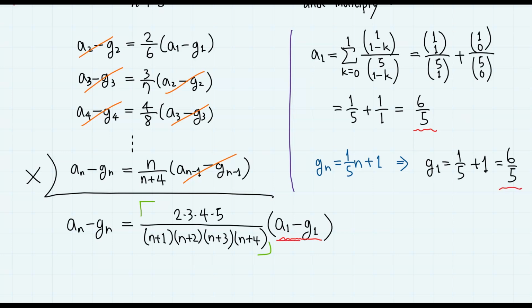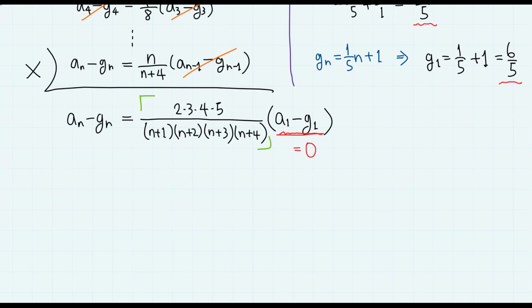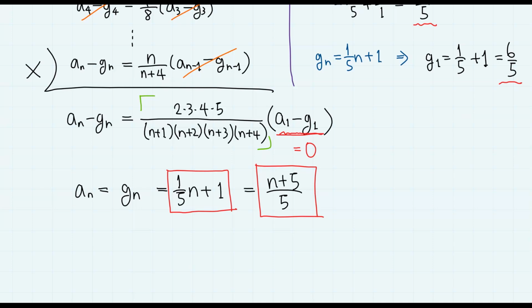That is, this a1 minus g1 is 0. This means that an is just equal to gn, which is 1 over 5 times n plus 1, which can also be written as n plus 5 over 5, which is the same answer that we obtained by guess in the last video.